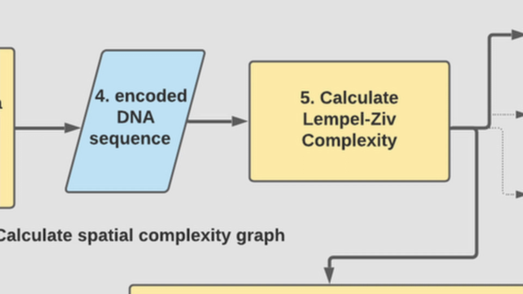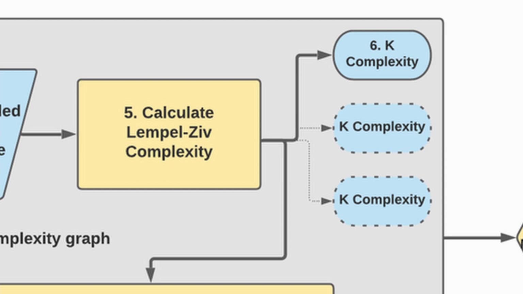We then take this sequence of bits and feed it into the code we've seen earlier to calculate the Lempel-Ziv complexity. What we get out of the Lempel-Ziv complexity applied to this sequence of 0s and 1s is one metric that will determine the K complexity for this 250 nucleotide sequence.